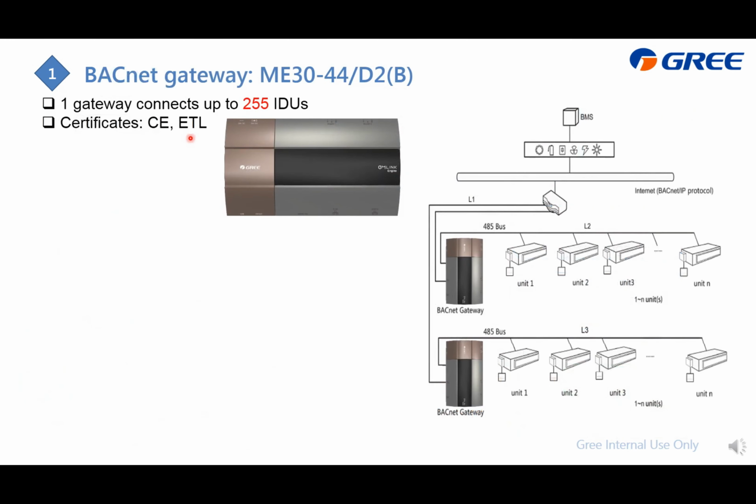If the BMS protocol is BACnet, you need to apply this ME30 to change the Modbus from the wire controller or from the indoor unit to BACnet. And the wiring is already introduced just like this. This is the RAC, Free Match or U Match.